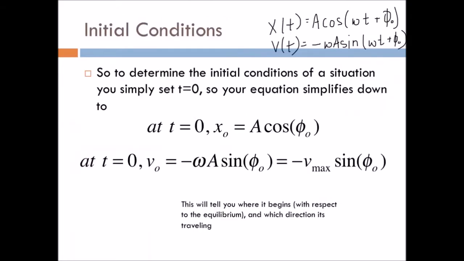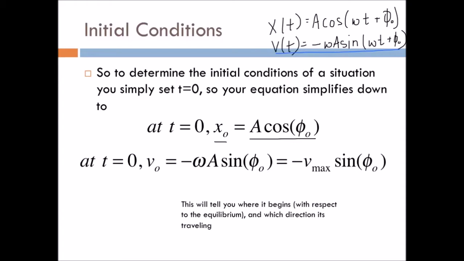So to determine the initial conditions of a situation, you simply set t equal to 0. So your equation simplifies down to the initial position is equal to A cosine of phi naught. In our last video, we also saw the equation for velocity, which is the first derivative of position.